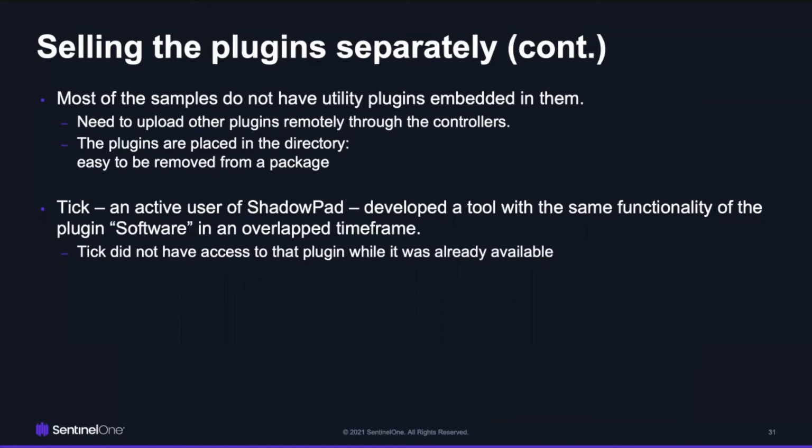We discovered a tool from them to list all of the installed software on the infected host, but around the same time, ShadowPad already had a plugin called software, which did exactly the same. By this, we can assess that Tick did not have access to that plugin, and that was why they developed another tool for the same purpose.